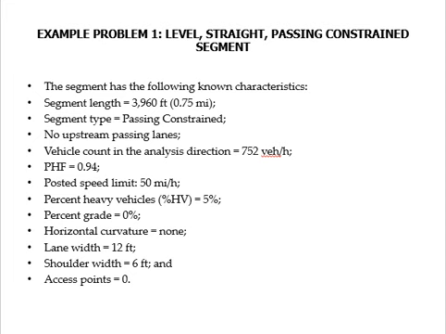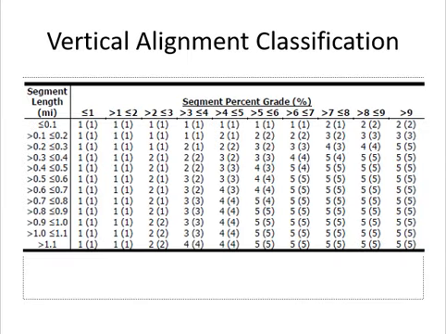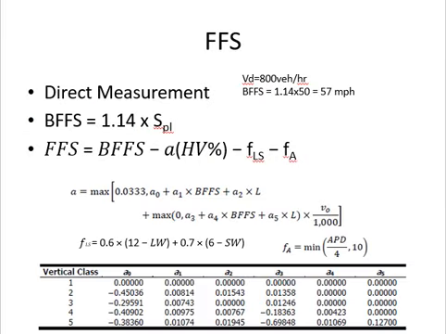We have the percentage gradient. Gradient is what? 0%. And the length is how much? Length is given as 0.75 miles. 0%, 0.75 miles. Okay, so my vertical class is 1.